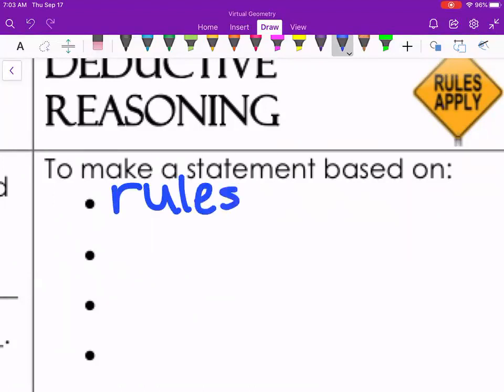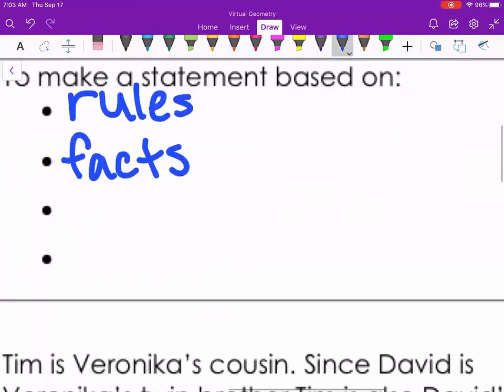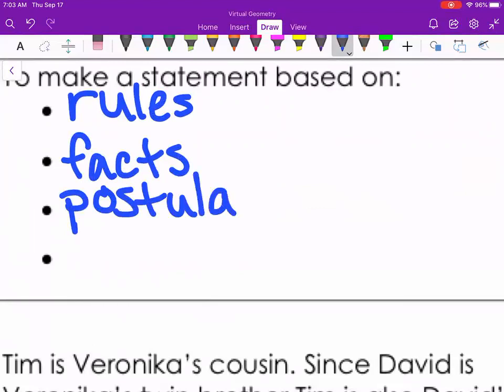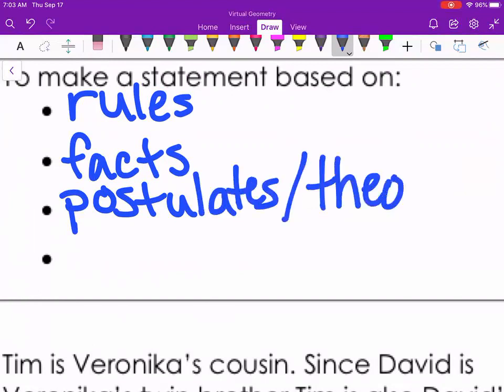We can base our generalized statement or conjecture off of facts that we already know. In geometry, we have the postulates and theorems that we can use. We haven't used very many yet, but we'll be getting a lot more throughout the rest of the year.